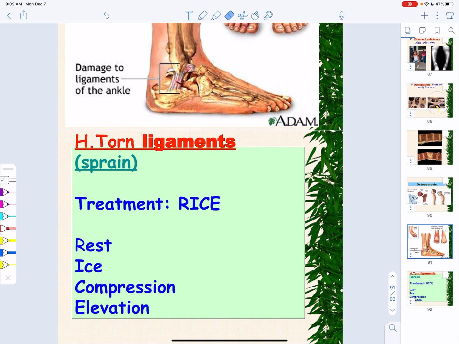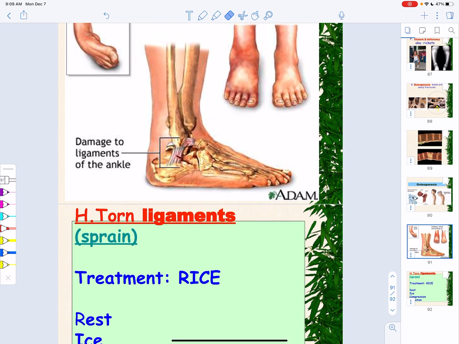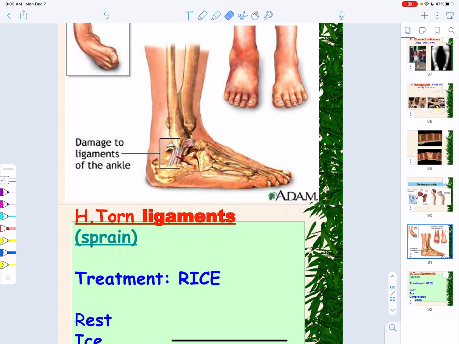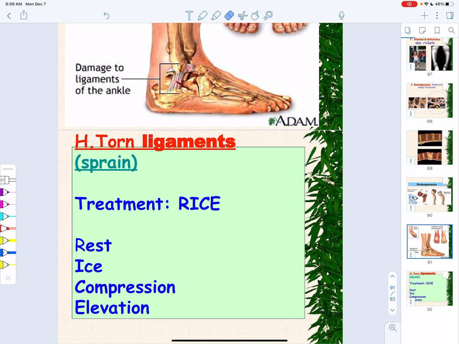Ice. You want to ice it to relieve the pain as well as the swelling. When things are swollen, the body's immune response is there trying to fix it, but too much swelling actually slows the process. So we want to put ice on our strains and sprains, okay?